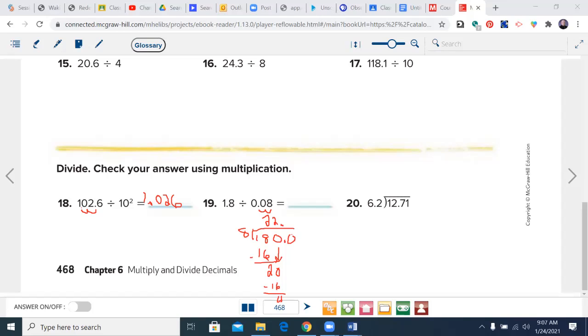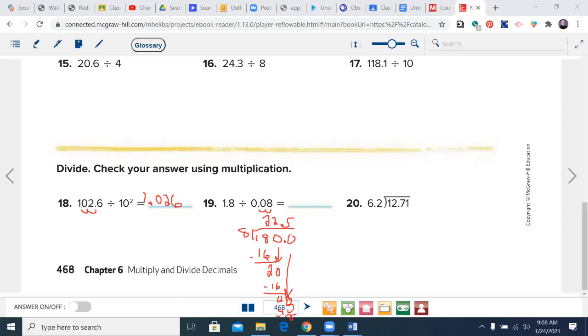I do want my 0 there now. And I can keep adding zeros. I get a 40. And now I have 5 there. 5 times 8 is 40. And we're done. 22.5. Decimal points go directly above where they were in your dividend.